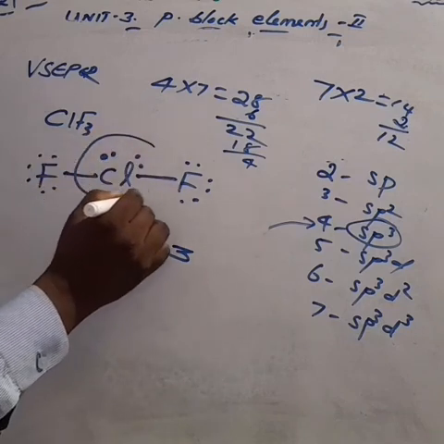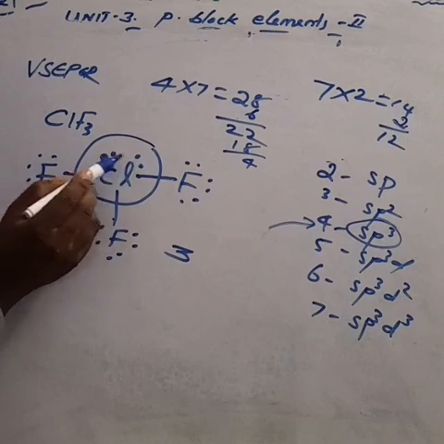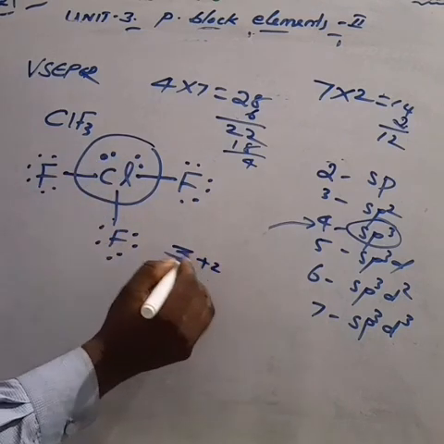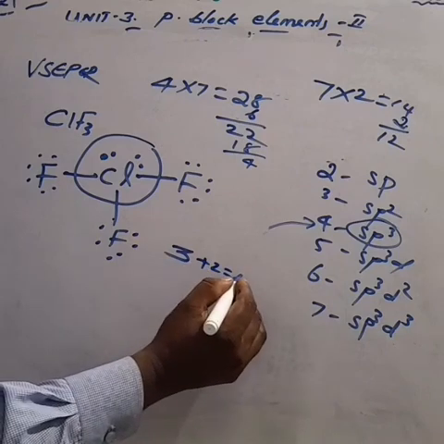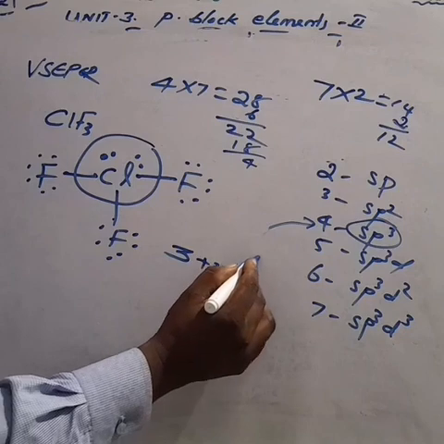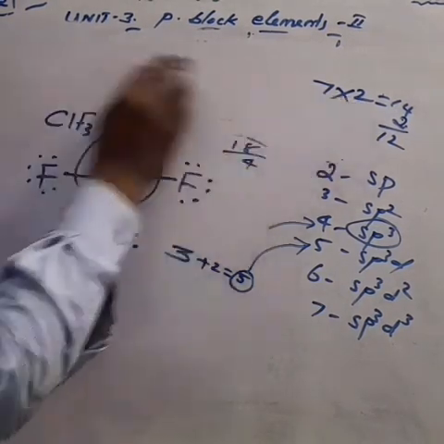The central atom having chlorine. The central chlorine atom having how much lone pair of electrons? 2 lone pairs of electrons. So 3 bond pairs and 2 lone pairs. If you add 3 plus 2, what is the number? 5. So 5 goes to which hybridization? sp3d hybridization. In such a way you have to take written practice like that, AX5 and AX7.